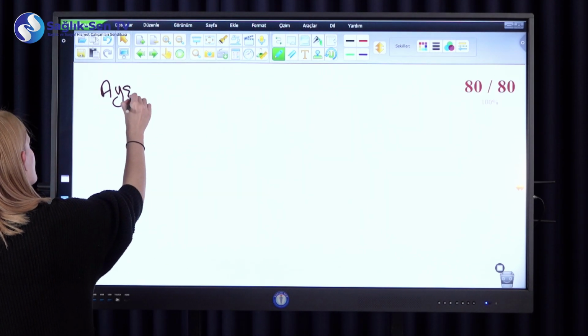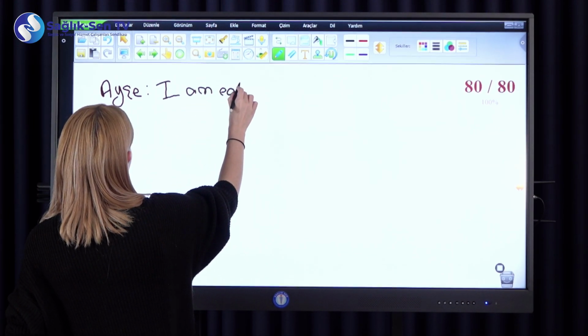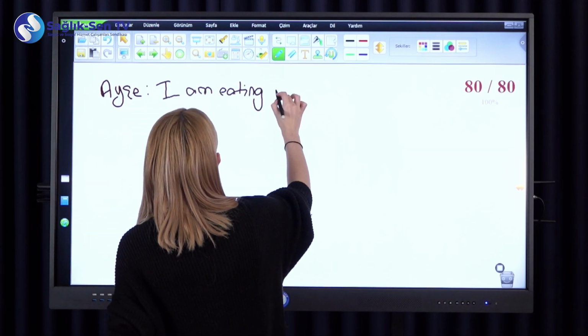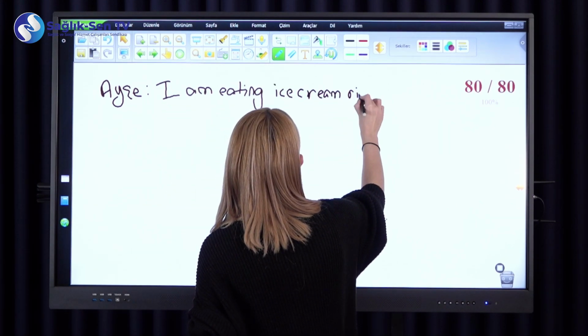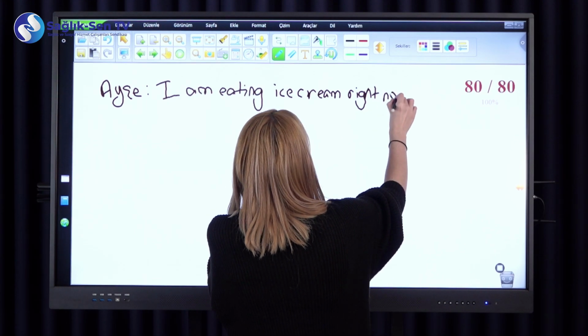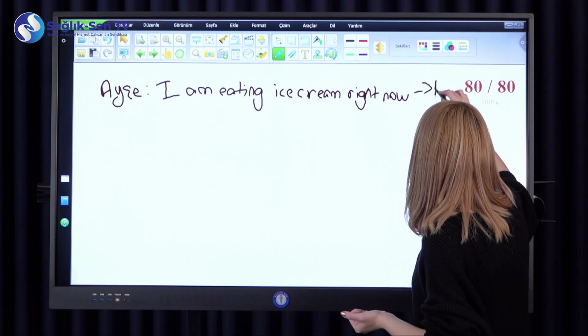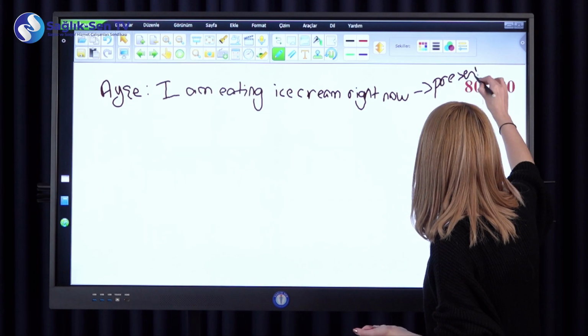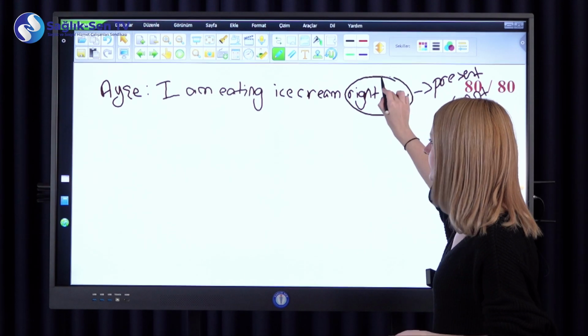Again, Aisha says, I am eating ice cream right now. The tense of this sentence is present continuous. And I see a time expression.